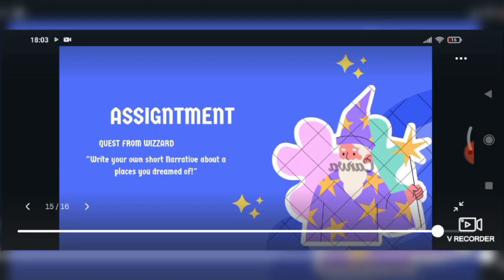So the main objective for all of you students here is to write your own short narrative about a place you dream of, so I can test how well you understand. So yeah, this is an assignment for you all. And don't forget that tomorrow is the deadline. So don't be late, alright?